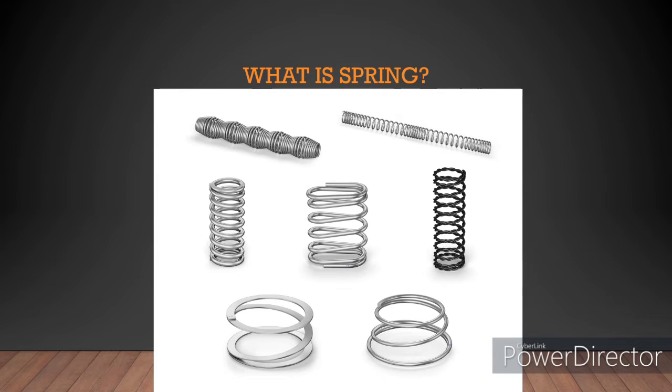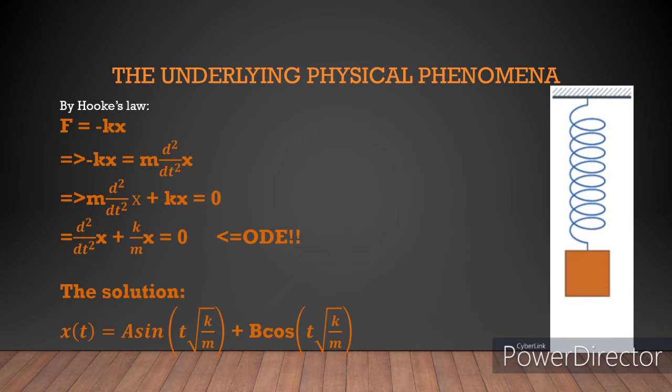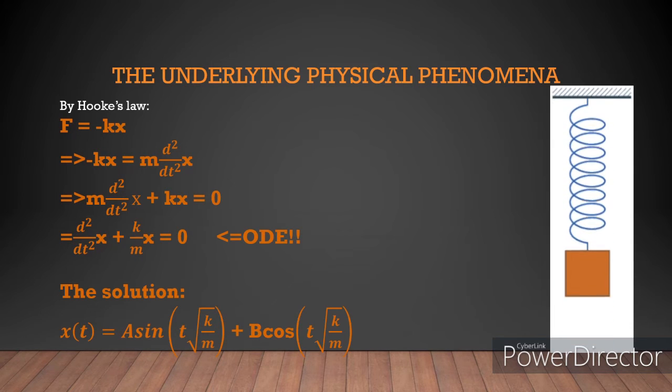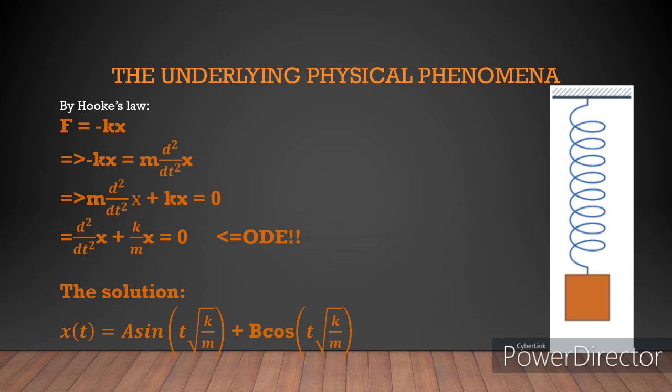What is the underlying physical phenomena of a spring? By Hooke's law, we know that F equals minus kx. X is the displacement vector, the distance and direction the spring is deformed from its equilibrium length.